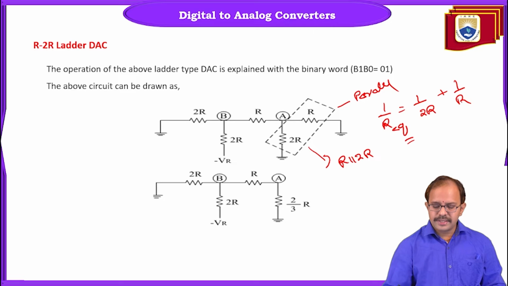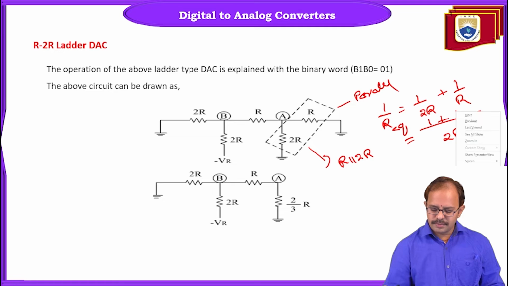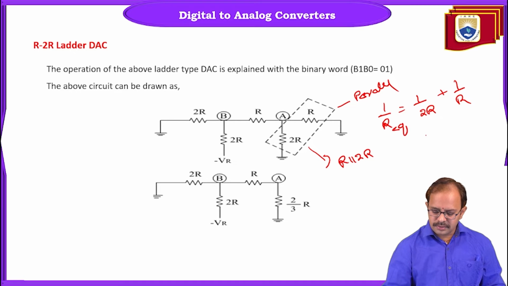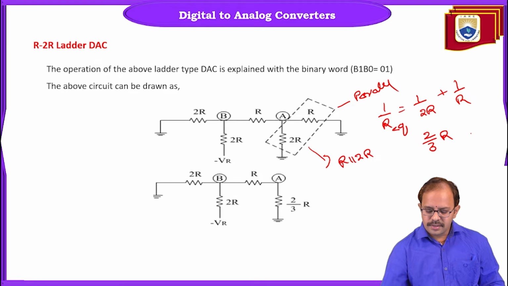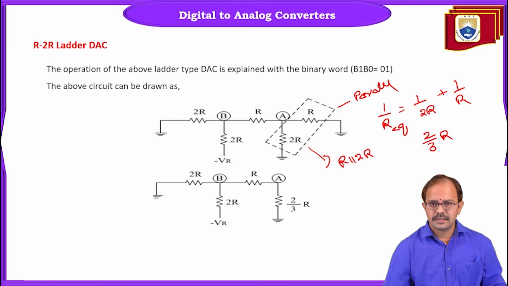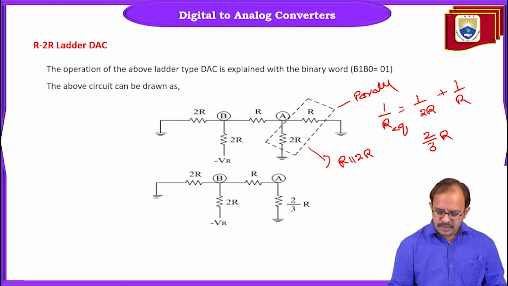If we simplify this, we are going to have 2 by 3R as the equivalent resistance of these two resistors. It is very simplified, and this is represented as the resistance across the node A.